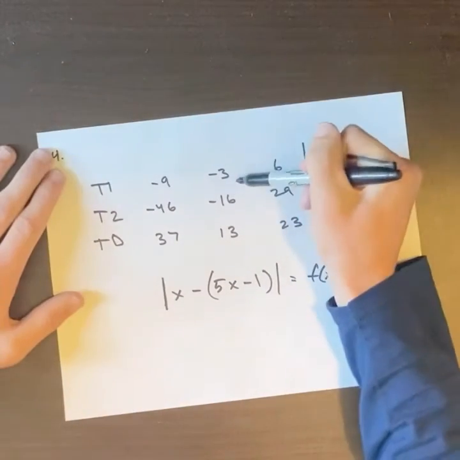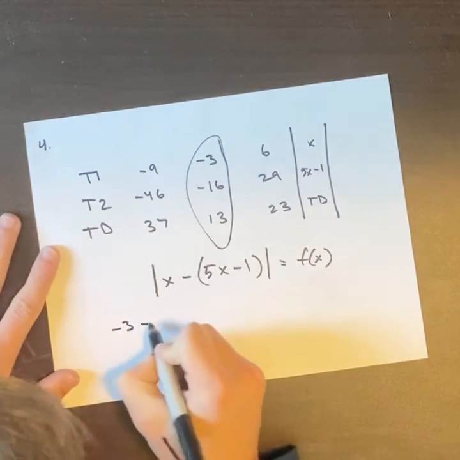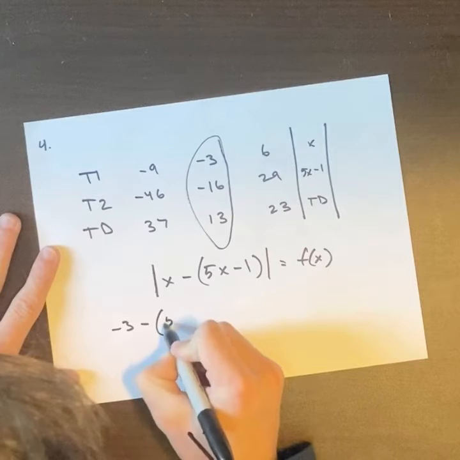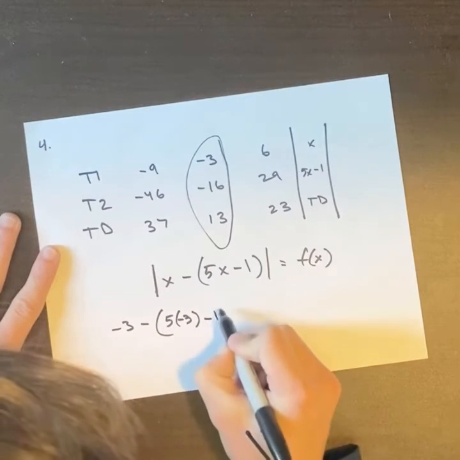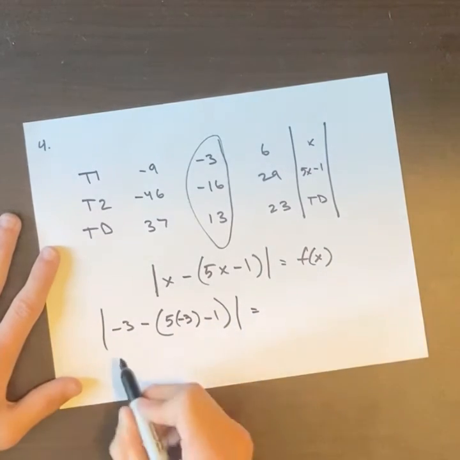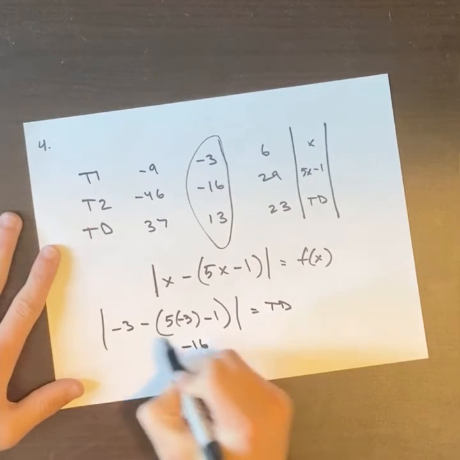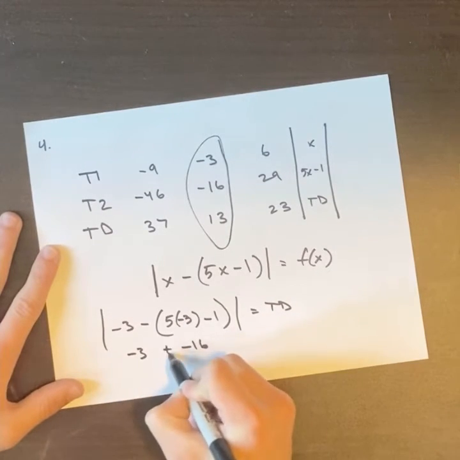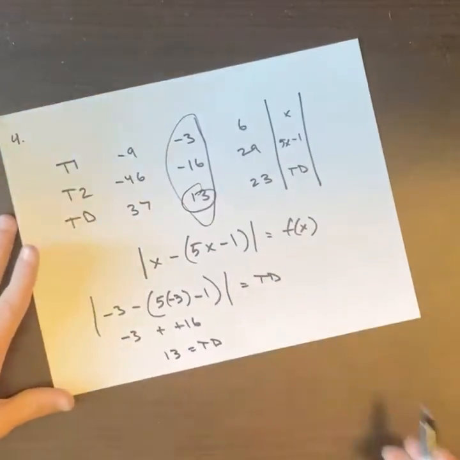An example of that, we could use this one right here. -3 minus (5 times -3 minus 1), all in absolute value, is equal to the temperature difference. So this would equal -16, -3 minus -16, and the temperature difference is 13, and that's right there.